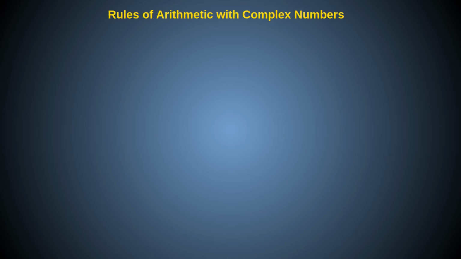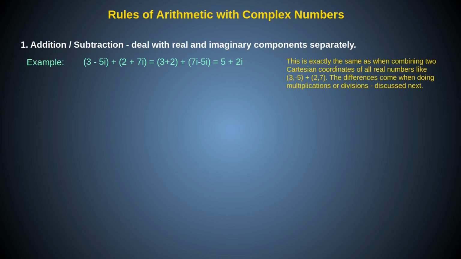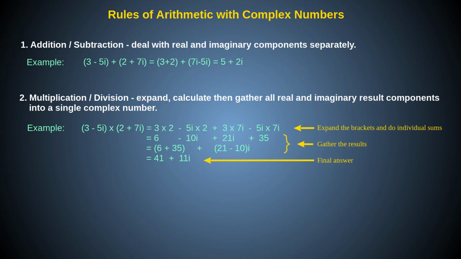So, when combining two complex numbers as opposed to just two pure imaginary numbers, here are the basic rules. For addition or subtraction, you simply deal with the real and imaginary components separately, as shown in the example. With multiplication or division, there's a bit more to it, because when you expand the terms, you'll be multiplying real components with imaginary components, so forming new imaginary components, and you'll be multiplying imaginary components with imaginary components, so forming new real components.